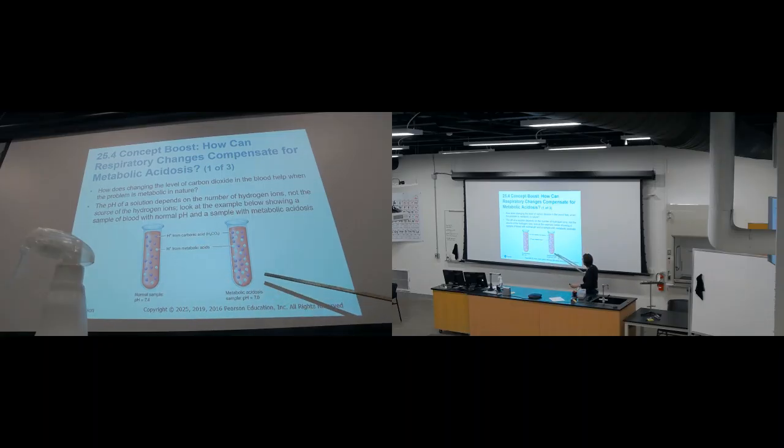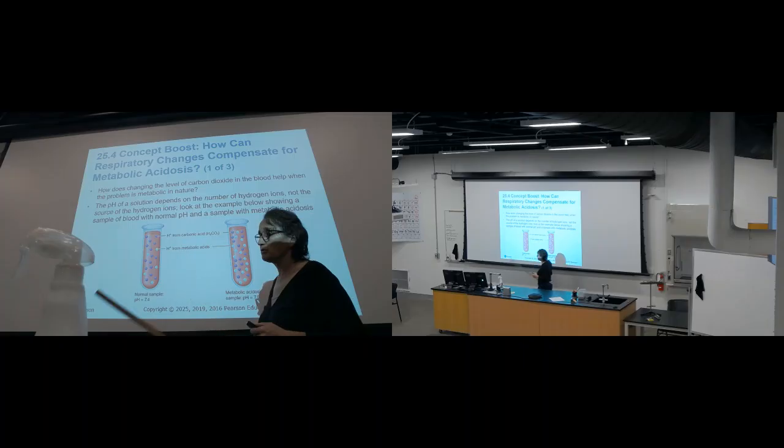But if someone has acidosis, like if they have excess of hydrogen ions, either from metabolic acids or from carbonic acid, that will trigger the mechanism of increasing your production of bicarbonate or the actual increasing of your respiratory rate so you can get rid of as much CO2 as possible.